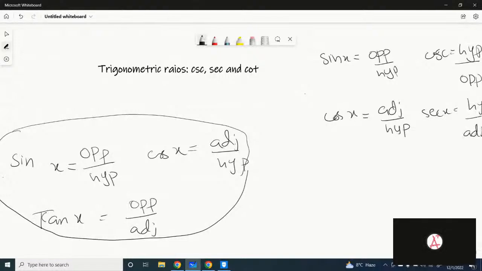Got it? Then tan of any angle is opposite divided by adjacent.